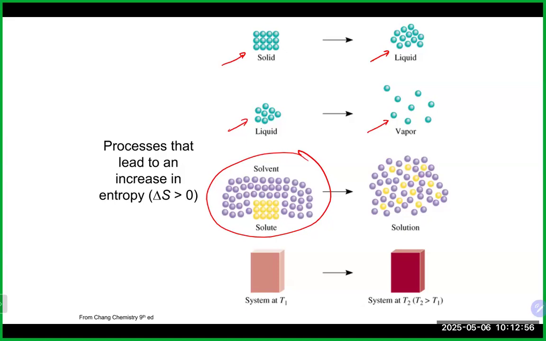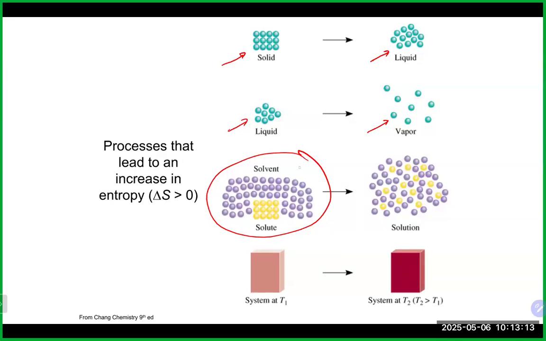So for example, if you took an ionic compound before you dissolved it, it is very, very ordered, right? It's in a three-dimensional, really ordered arrangement with all the positive and negative ions glued together in a very ordered, repeatable pattern.